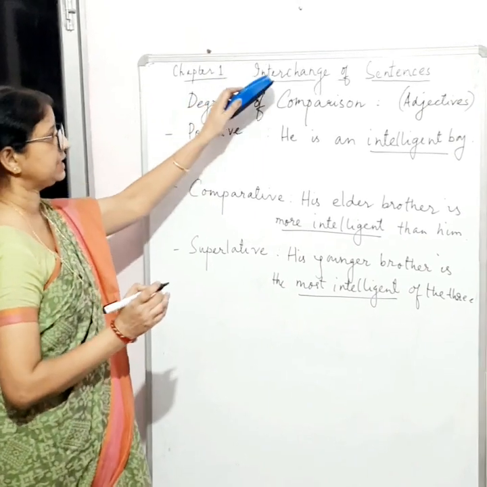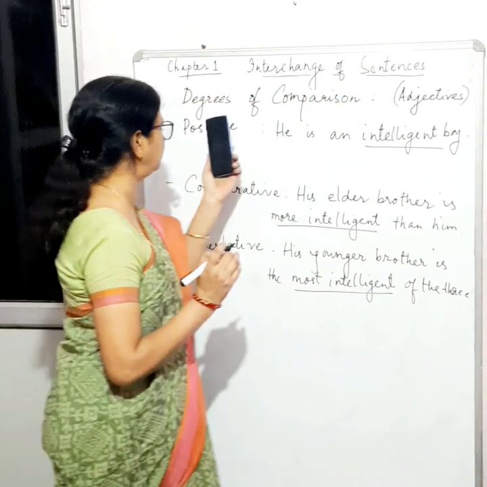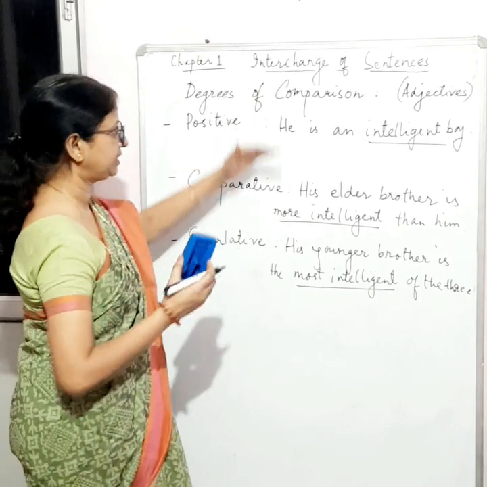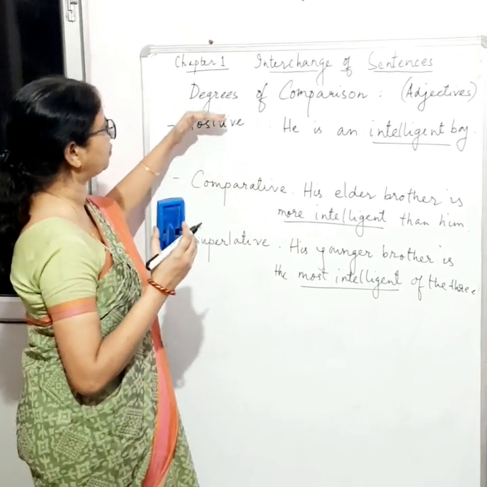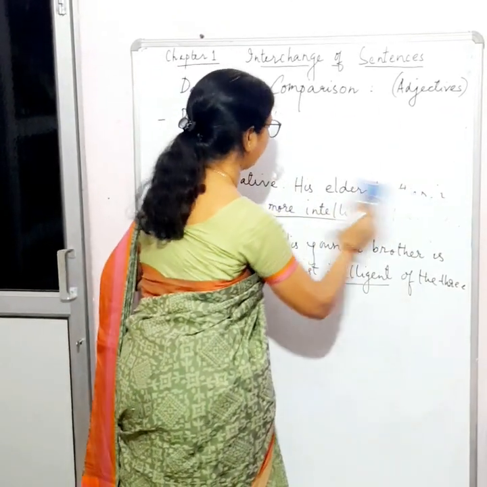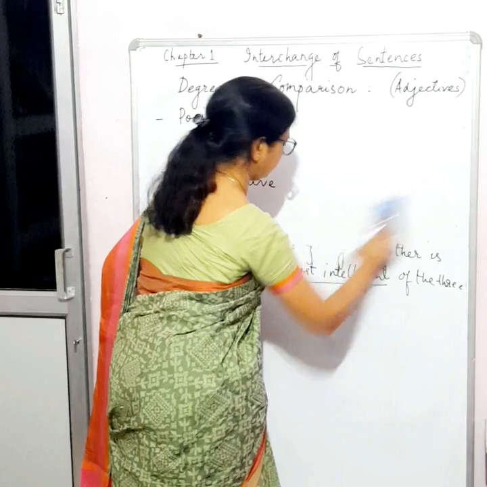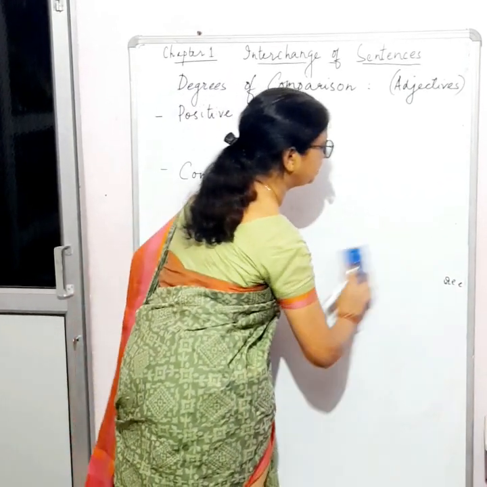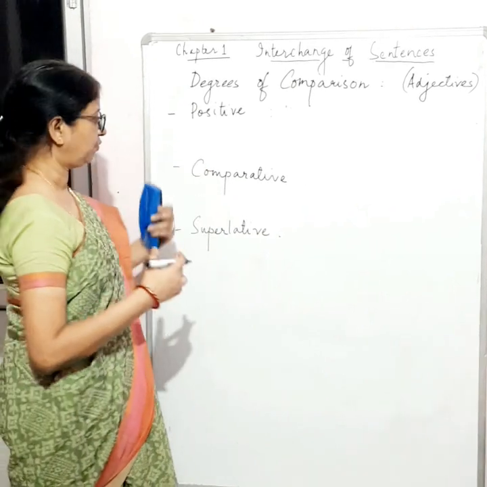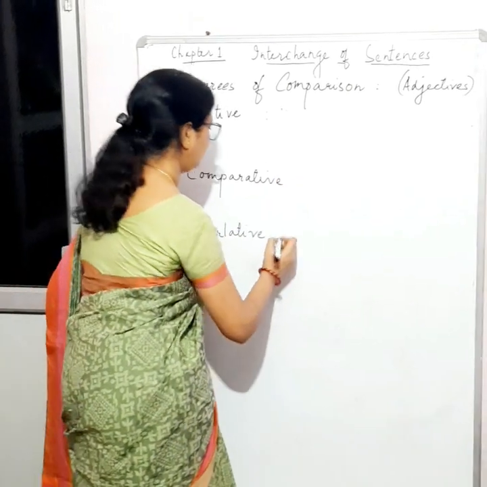So when you interchange from one form to the other, the meaning changes, but when we interchange from one degree to the other, we should not change the meaning. Now I am giving some examples so that you find out how, without changing the meaning, we are transforming one form to the other.